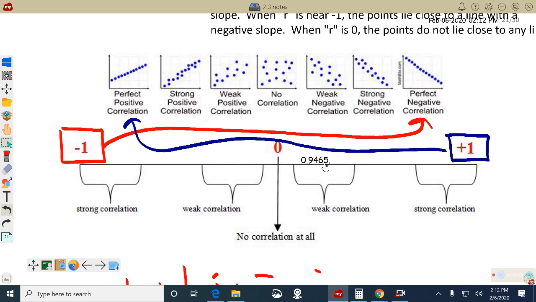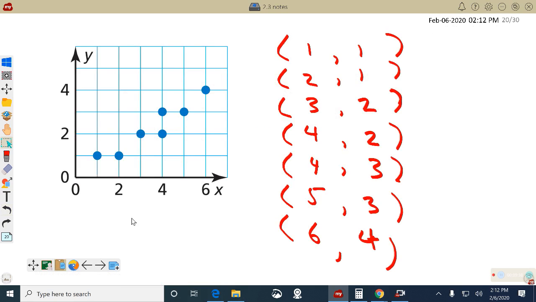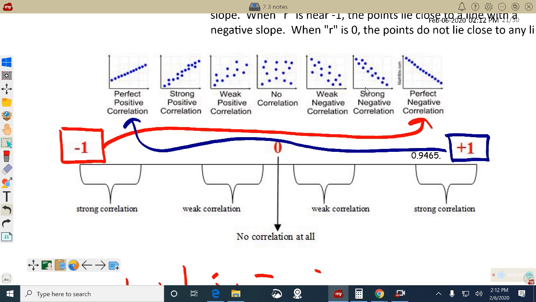That's positive, so look at it, it's close to 1. It's over here, which makes sense. Look at the data. The data kind of looks like a strong positive correlation. In other words, it looks like right over here, strong positive correlation. And so that's why it's close to positive 1. 0.94 is very close to positive 1.